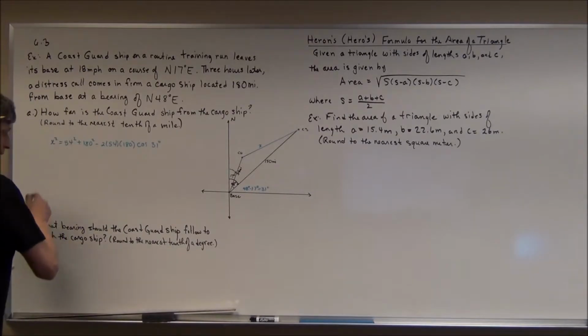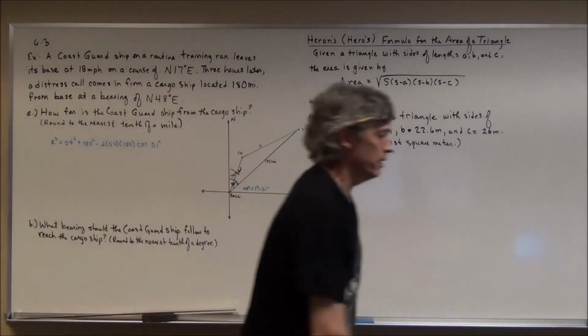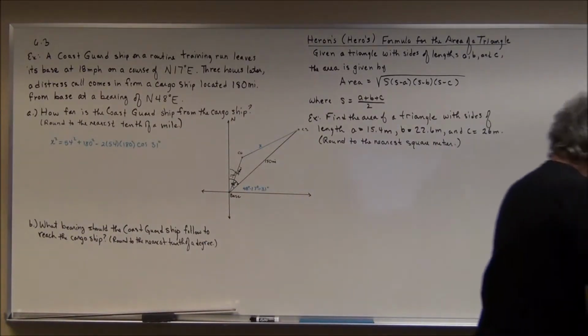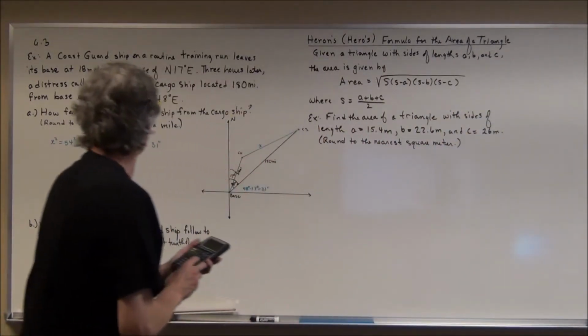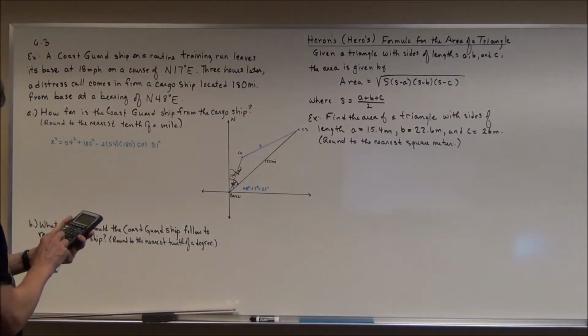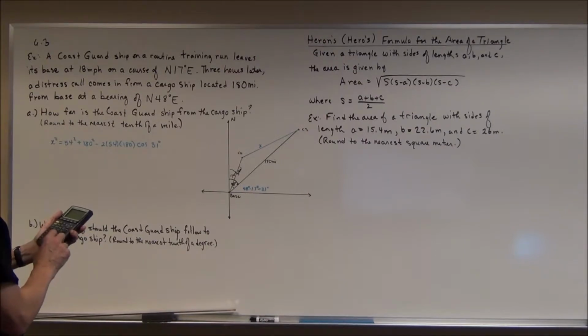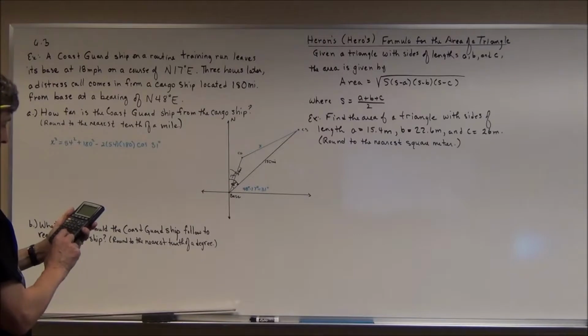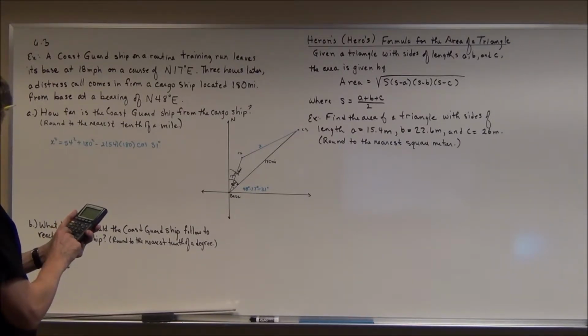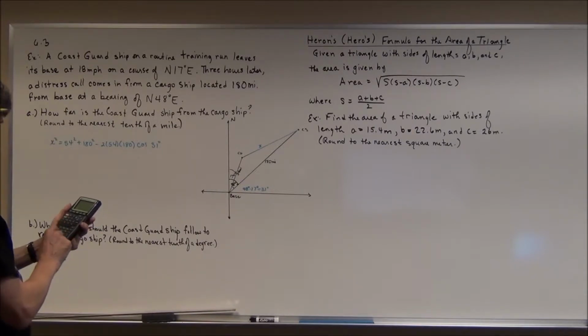So now I've got to get my calculator. Hopefully I left it here. I did. And let's clear out this stuff. Let's do 54 squared plus 180 squared minus, let's see, this would be 2 times 54, that'd be 108, times 180 times the cosine of 31 degrees.